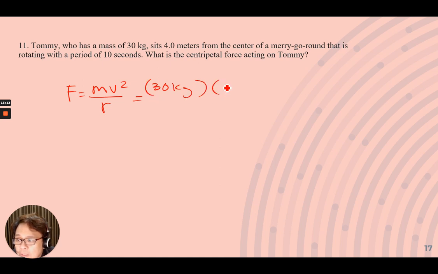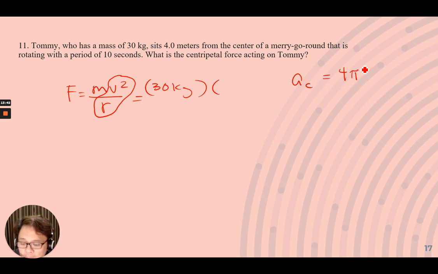The v in number 11 is not yet given, but we can compute for this. It's v squared, but it's not given directly. It's a merry-go-round, so let's compute a sub c first.